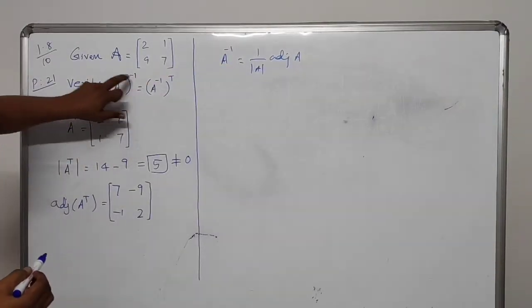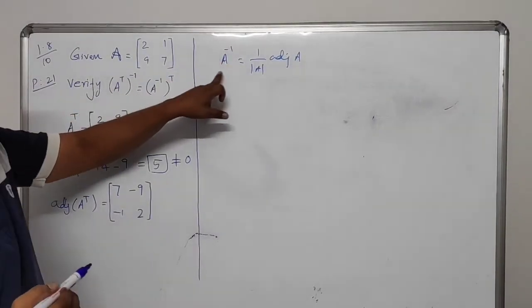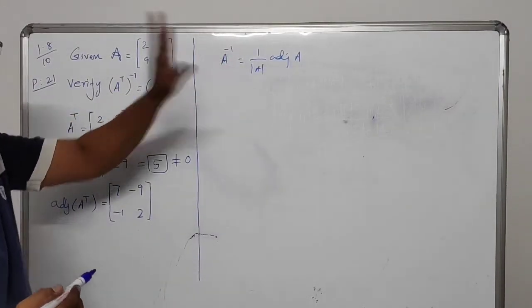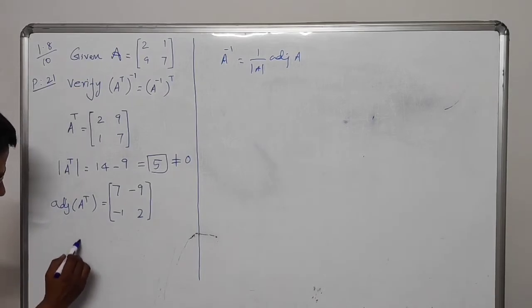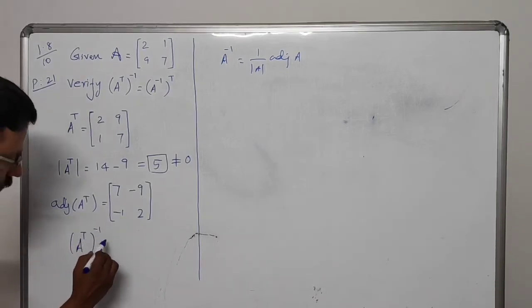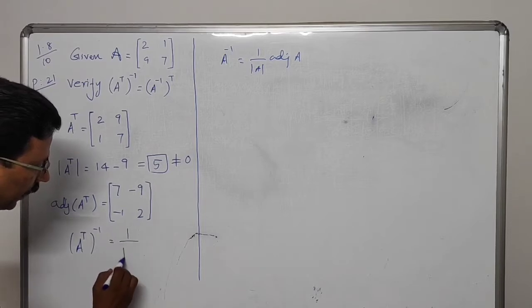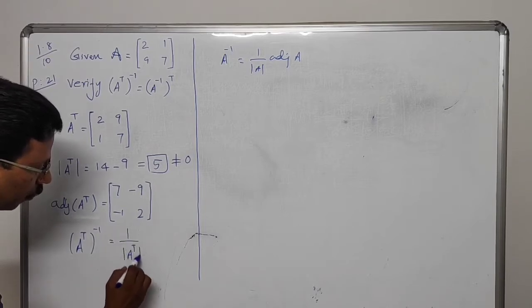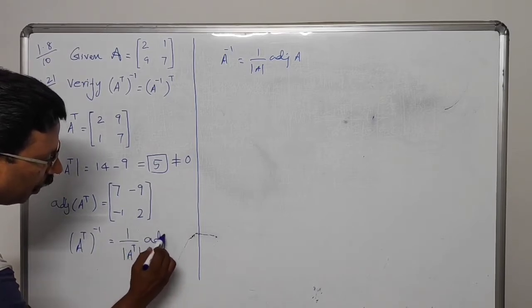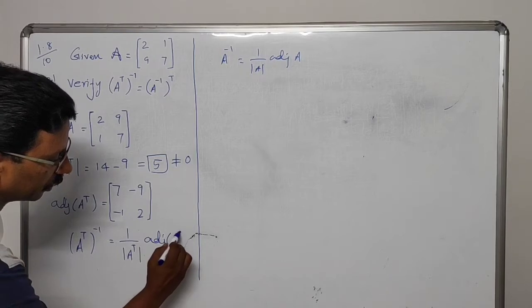Now we need to find the inverse of A transpose, which means you just replace A with A transpose. For that we can write (A transpose) whole inverse is equal to 1 by determinant of A transpose into adjoint of A transpose.